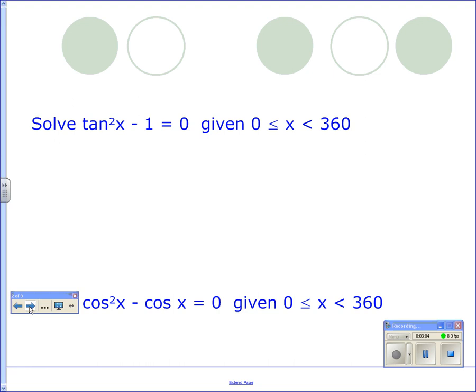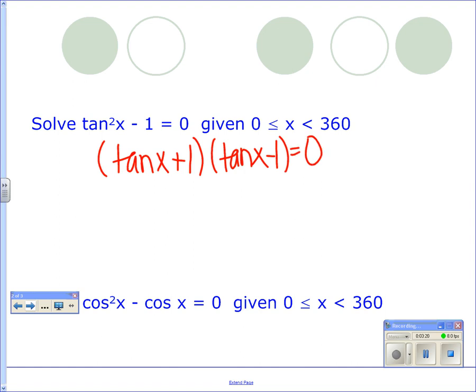How would you factor tangent squared minus 1? Does that make sense? Any ideas what we would do at this point?